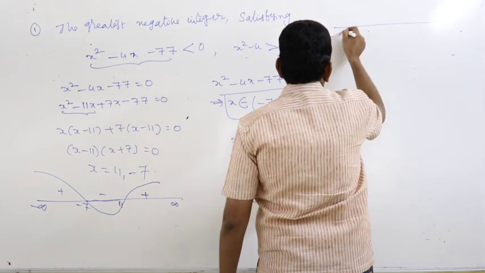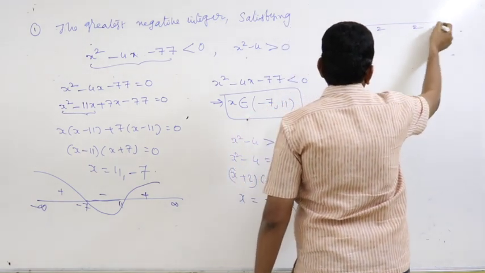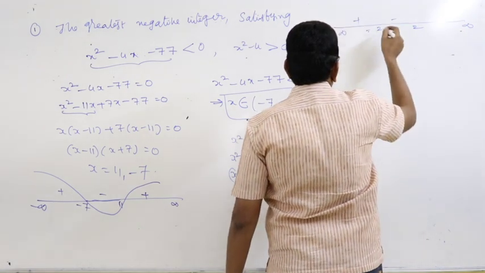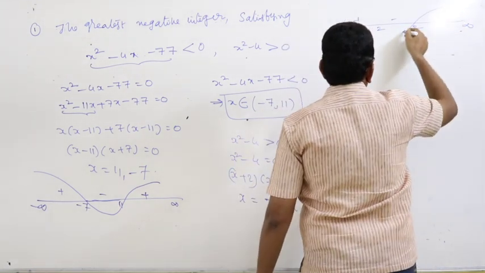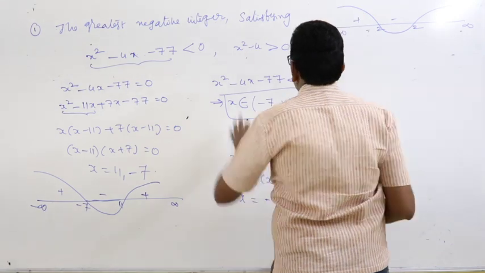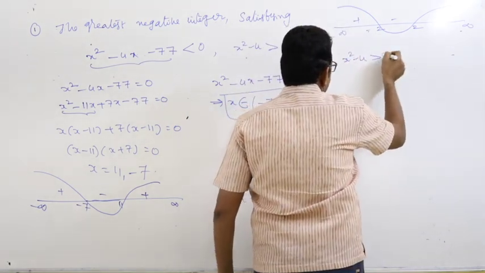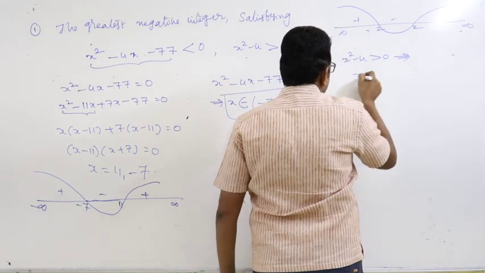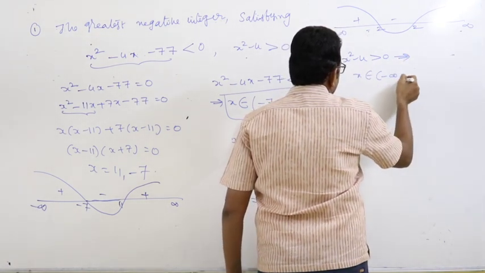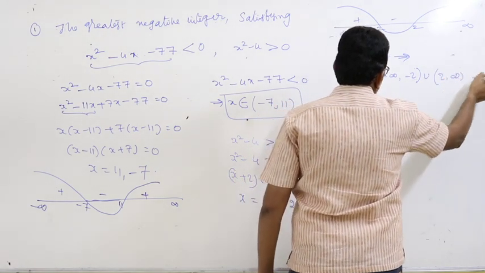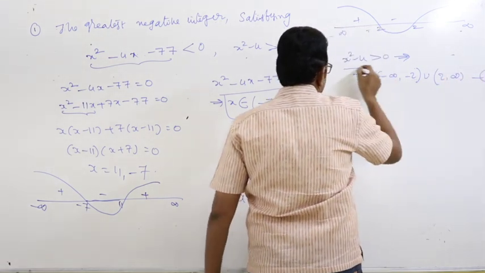So, this is minus infinity, minus 2 to infinity. Put plus, minus, plus. So, it is greater than 0. So, x square minus 4 greater than 0 implies x belongs to minus infinity comma minus 2 union 2 comma infinity. So, this is the second part.